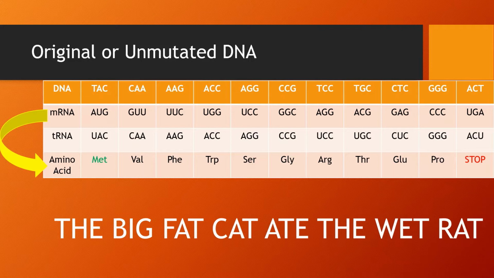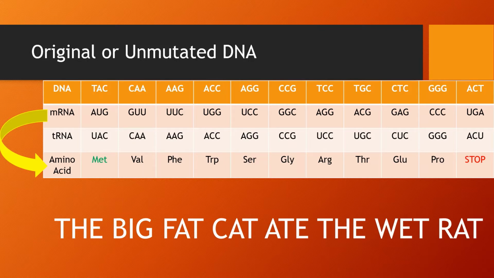So here I have developed an original or unmutated DNA strand. The DNA strand I have is TAC, CAA, AAG, ACC, AGG, CCG, TCC, TGC, CTC, GGG, ACT. Those letters, in their groups of 3 nucleotides, are codons, so I made this table to clearly be able to see those groupings.